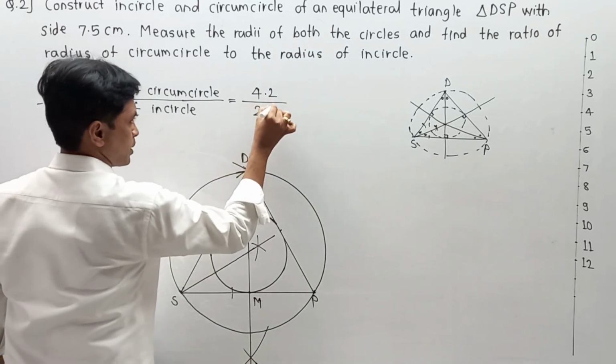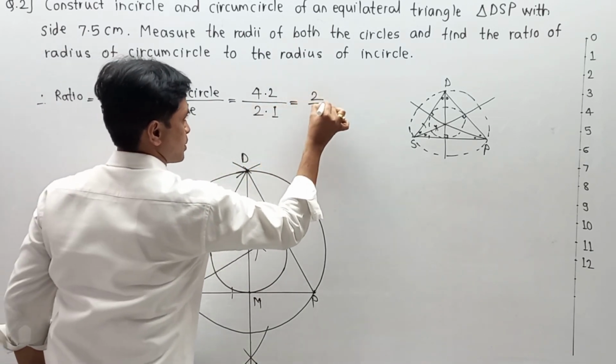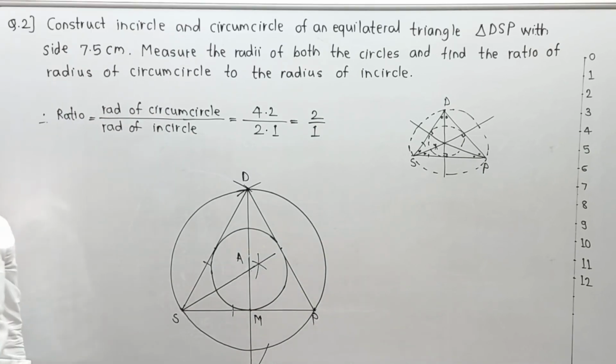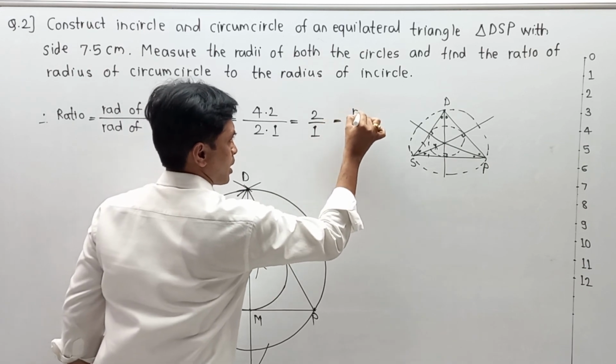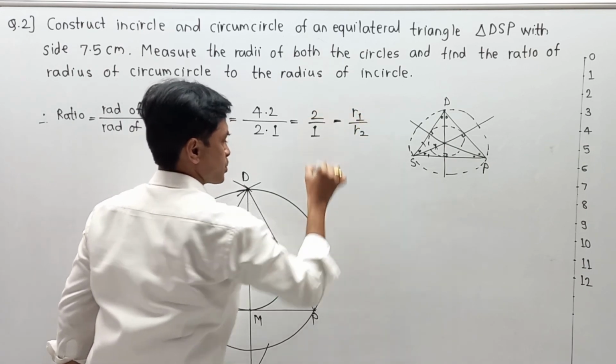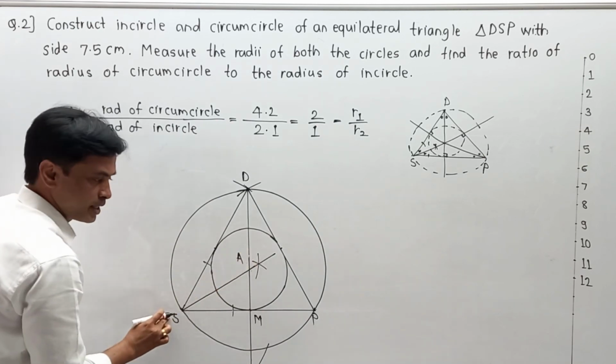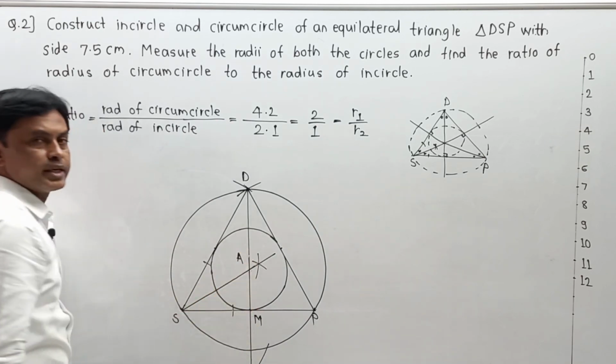So 4.2 to 2.1 means this ratio is 2:1, and in this way we can complete the entire part. Or you can also mention the ratio R1 upon R2 is 2:1, where R1 is the radius of the outer circle and R2 is the radius of the inner circle.